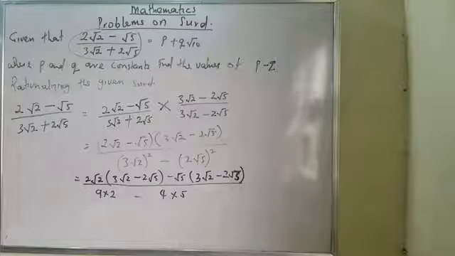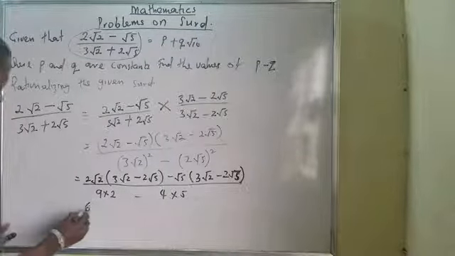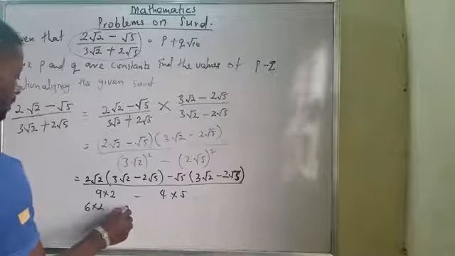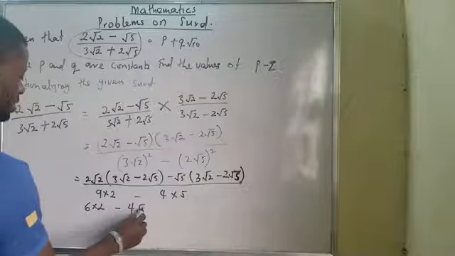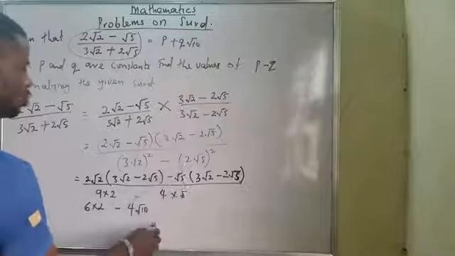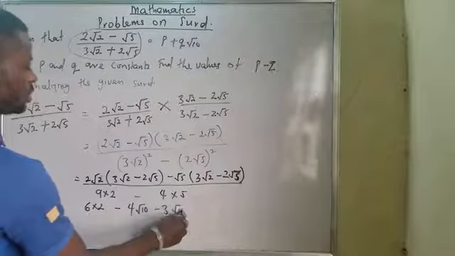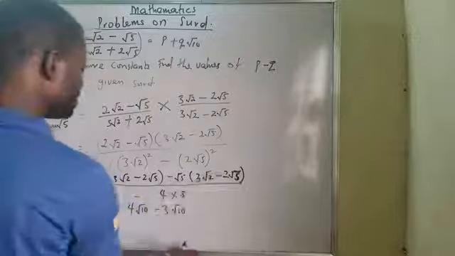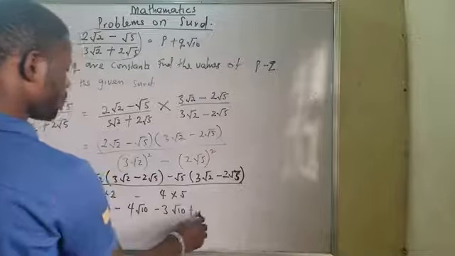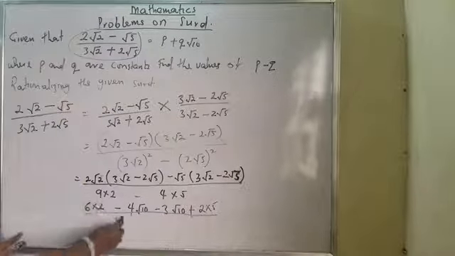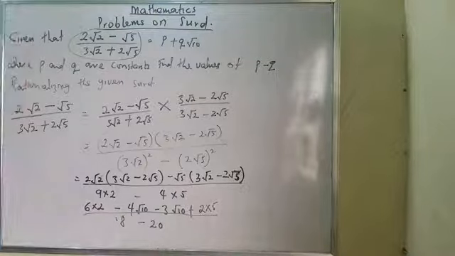Now, 2 root 2 times 3 root 2 will be 6 multiplied by 2, then minus 4 root 10, then this one will be minus 15 root 10, plus 10 times 5, divided by 18 minus 20.